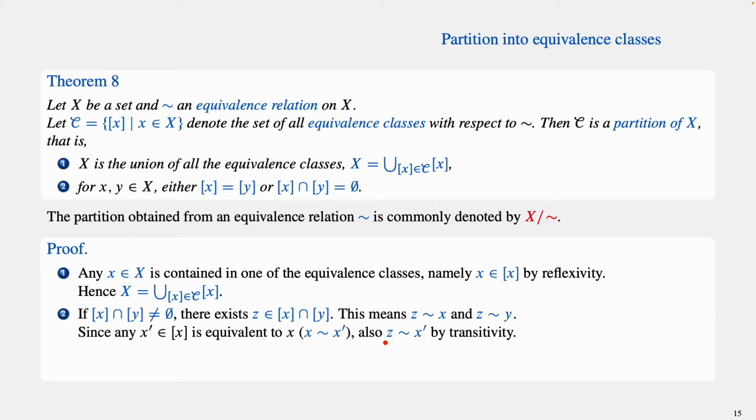So this means Z is equivalent to X prime by transitivity, because Z is equivalent to X, X prime is equivalent to X, and hence Z is equivalent to X prime. That's just what transitivity means.